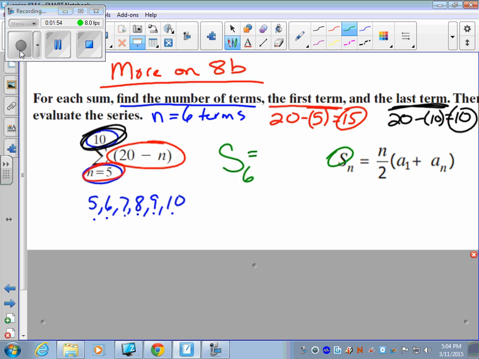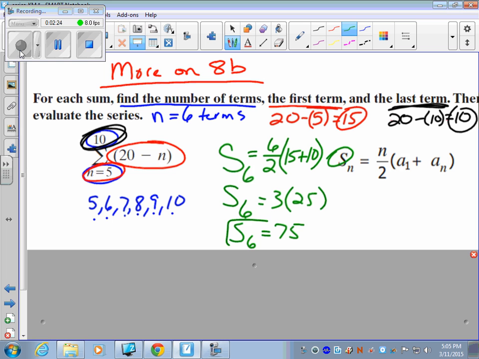It's equal to 6 divided by 2, times in parentheses, the first term, 15, and the last term, 10. 6 divided by 2 is 3, times 25. The sum of the first 6 terms in this series is 75. So you add them up, it'll be 75.